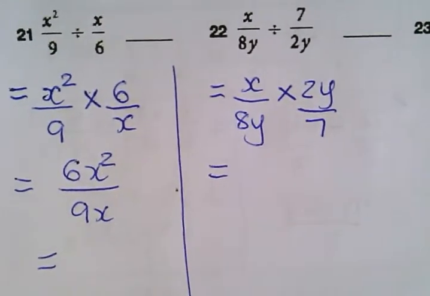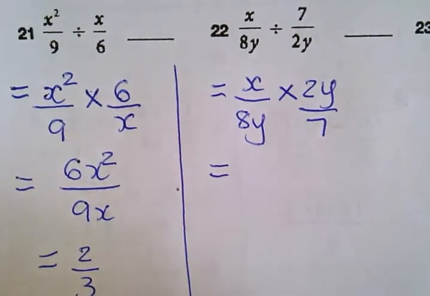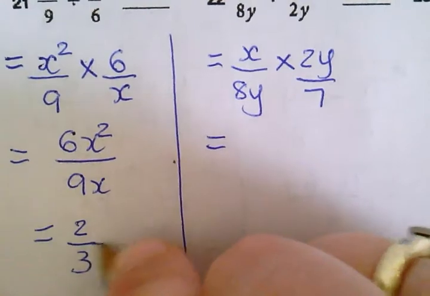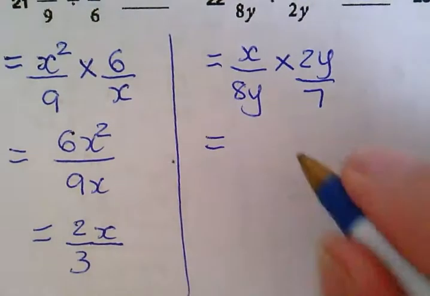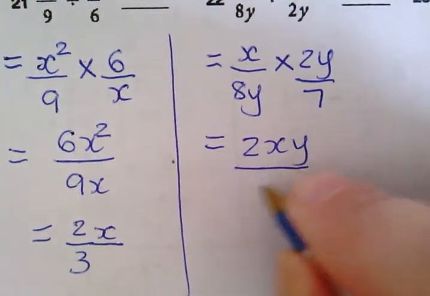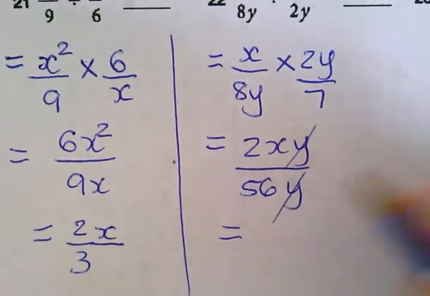6 over 9, what's that? 2/3. We're dividing numerator and denominator both by 3. And x squared over x is x on the numerator. All right, the next one, we've got 2xy over 56y. We know that the y's cancel.